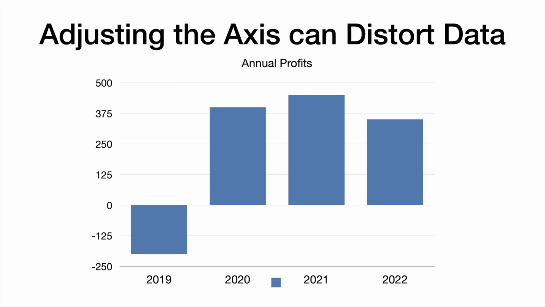And the only difference between these is that the axis has been altered and that the negative value is shown correctly as a negative rather than a positive from a very, very low base.